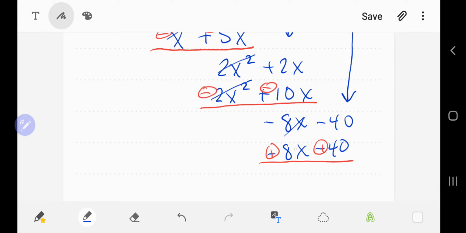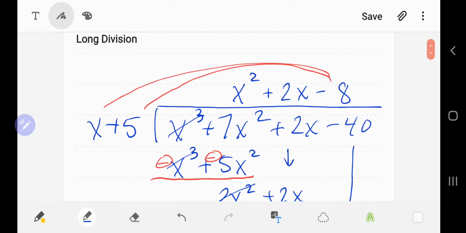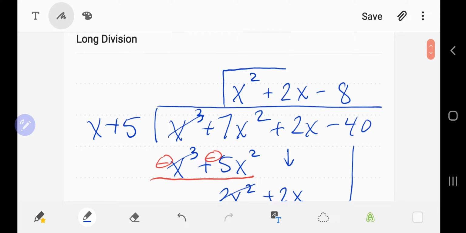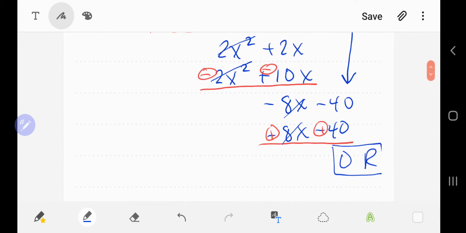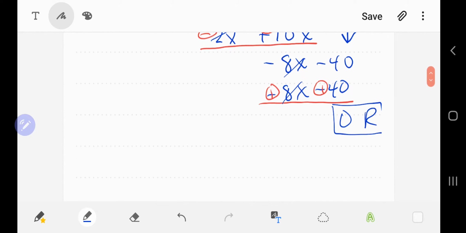Negative 8x plus 8x, those cancel. Negative 40 plus 40 is 0. That's the remainder. So we're going to get a 0 remainder, and our quotient is x squared plus 2x minus 8. And that is the step-by-step walkthrough of long division.